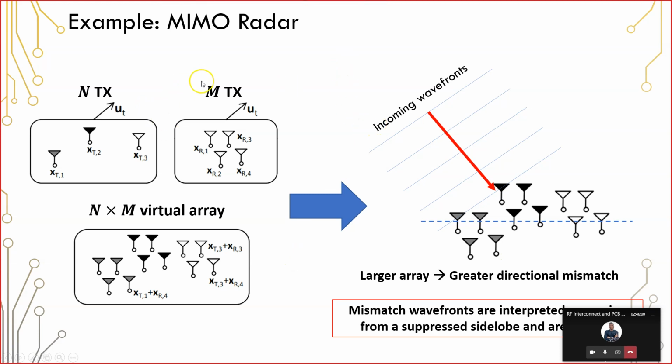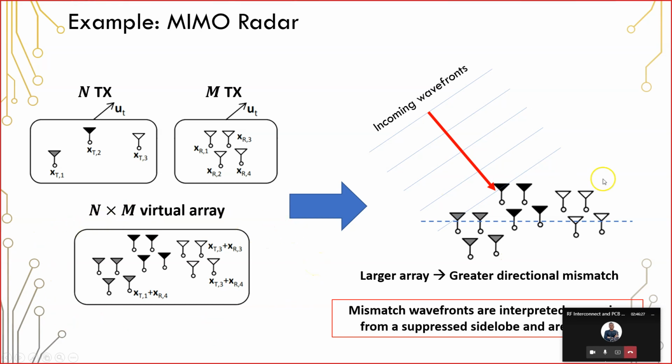So the way that this is done is that in a MIMO antenna array, you have the freedom to pair up TX antennas and RX antennas that are operating at different frequencies to create a virtual array. And what that means is that even though in this example I only have 7 antennas in my array, it can act like a 12 antenna array, as I've shown here on the bottom.